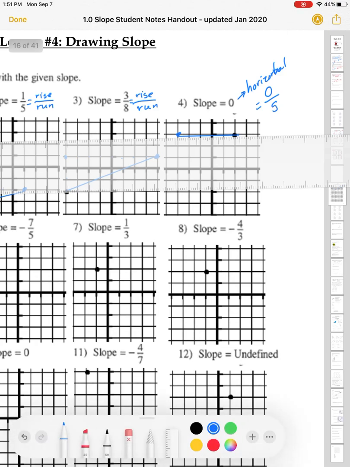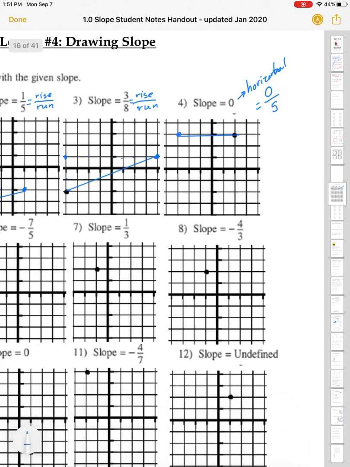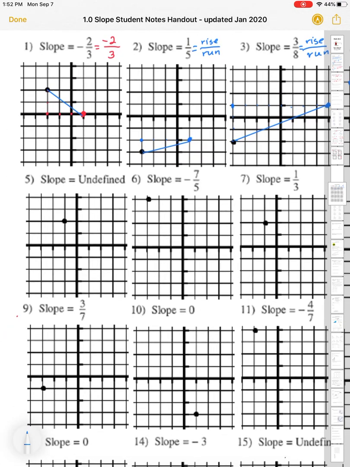Mine is a little sketchy, but I did my best. So if I did 0 over 5, but you could also do 0 over 3 or 0 over 1, and that would still give you a line that fit the criteria, as long as it's a horizontal line.